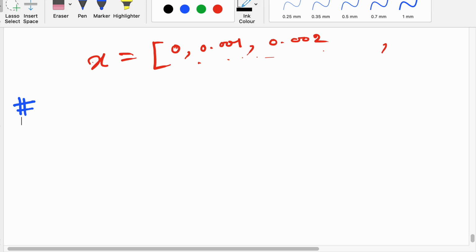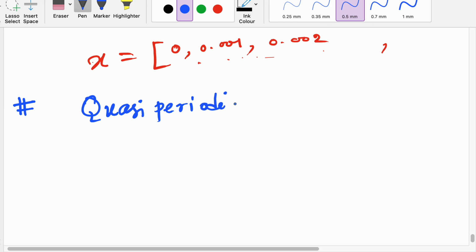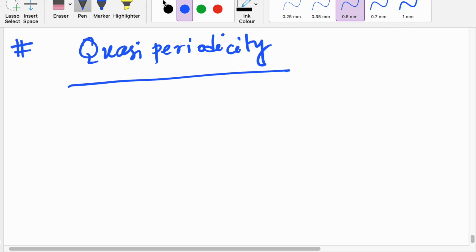It is called quasi-periodicity because it is periodic but not quite in the same way as we have seen here. So it is called quasi-periodicity.